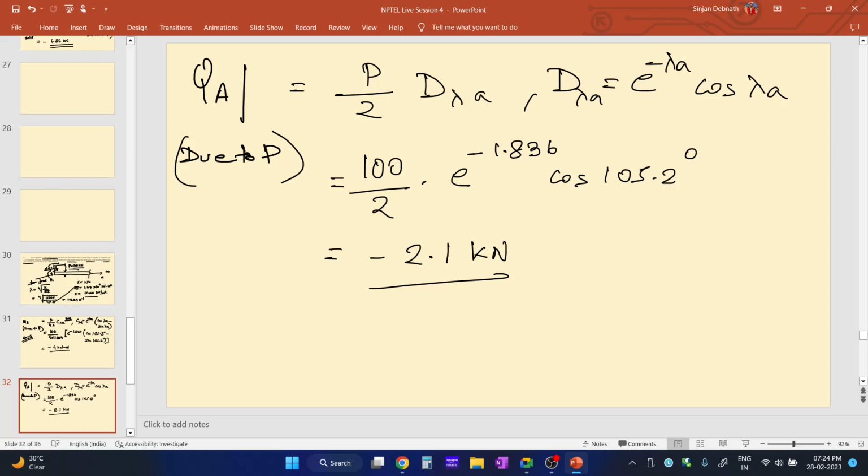Now we need to find out P0 and M0. So what are P0 and M0? P0 and M0 are the counteracting, that is the end conditioning. Actually we are trying to counteract the shear force and moment. So we need to find out those counteracting moment and shear force. There are two equations which we need to use.